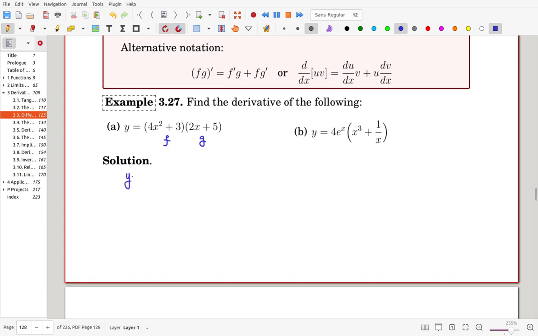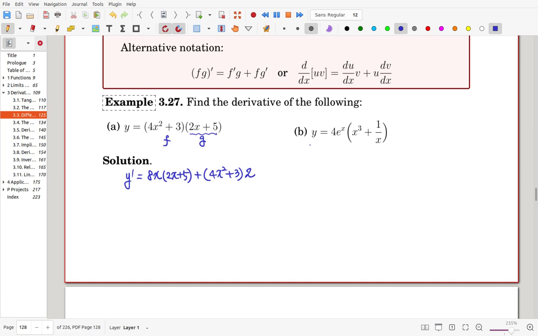Then y prime is the same as f prime, that is 8x, times g, which is 2x plus 5, plus f, that is 4x squared plus 3, times g prime. From here, the derivative of x is 1, so 2 times 1, and the 5 will disappear, so it is 2. You can simplify if you want.